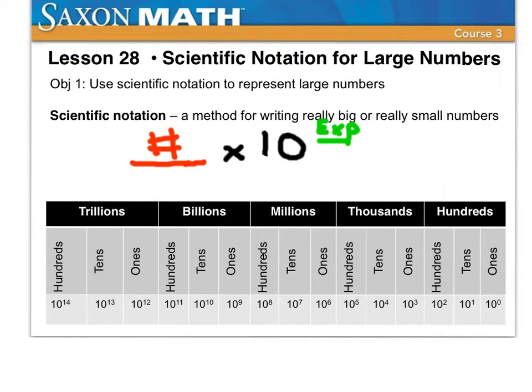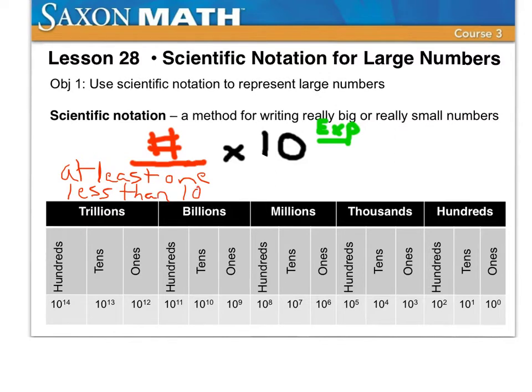Here's the format for scientific notation. You're going to have some number right here, and that number has to be at least 1 and less than 10.